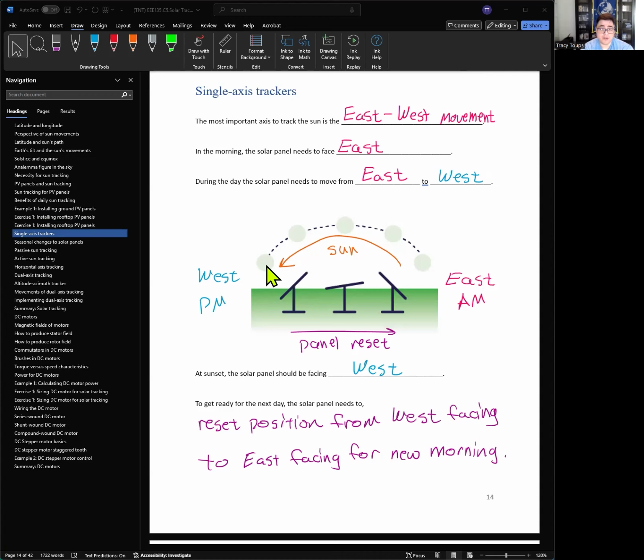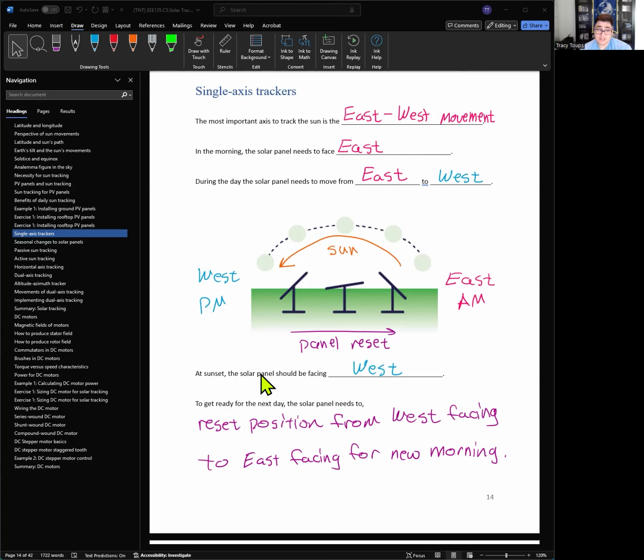In the morning, the solar panels need to face east towards the sun. During the day, it should travel from east to west and end facing west at sunset. Notice the sun will track across the day. Our panel needs to move in synchronism with the sun until nighttime.